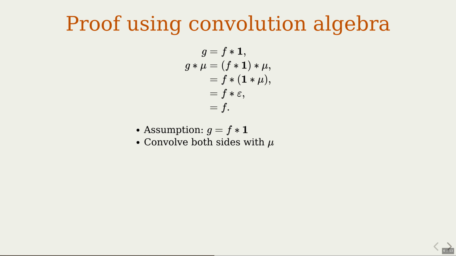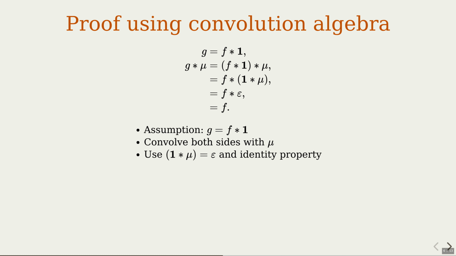We are using mu as the inverse of 1, so convolving with mu should undo the effect of convolving with 1. Exactly. Once 1 convolved with mu collapses to epsilon, we are left with f convolved with epsilon, and epsilon leaves any function unchanged. So g convolved with mu must equal f.